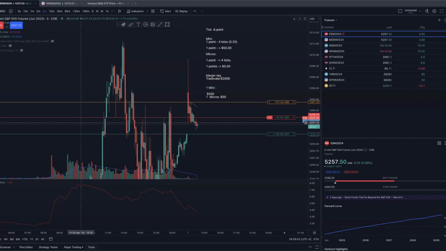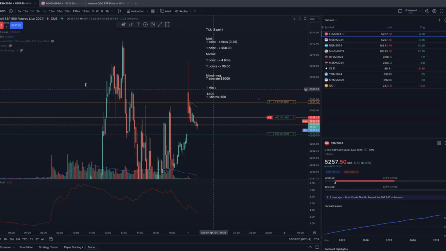The M stands for June contract. Just like how you have monthly, weekly or daily expirations on options, futures have quarterly expirations. For example, M stands for June, Z stands for December, H stands for March. And what else do we have? M stands for June, as usual. So they have four different expirations.